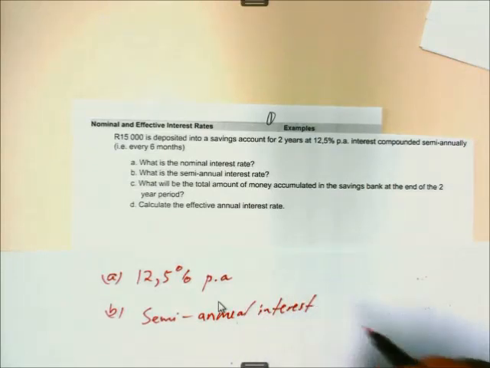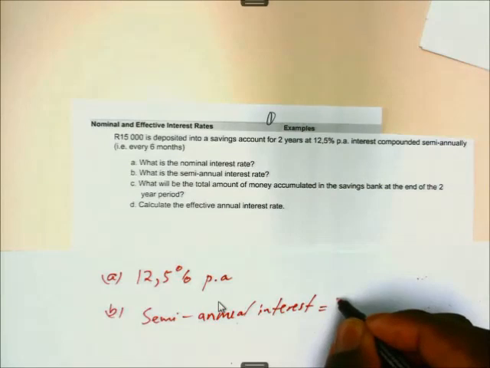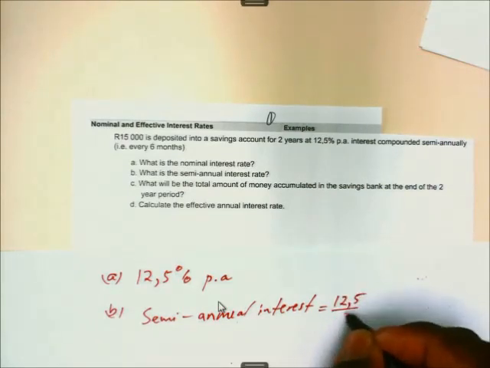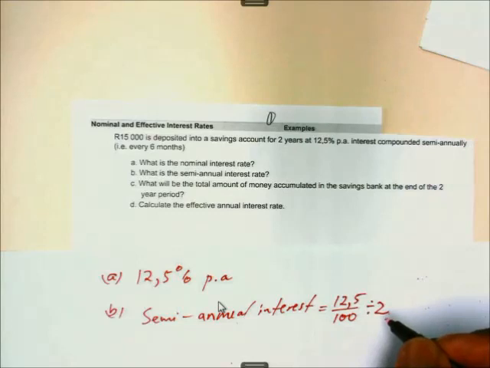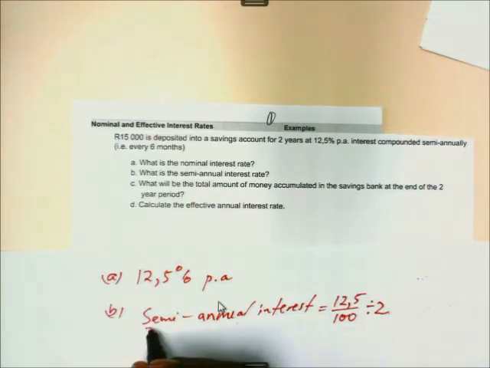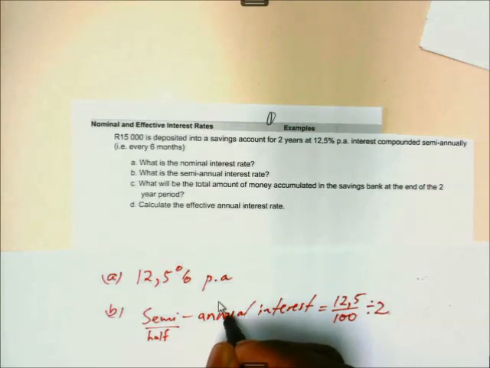Interest is equal to 12.5 divided by 100 divided by 2. Remember, when you deal with compound interest, if it says half yearly, it's the same thing as semi. Half yearly is the same thing as half annually.